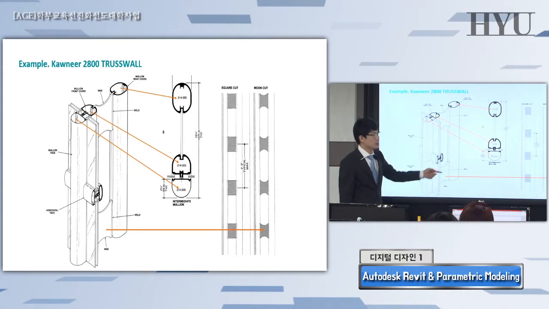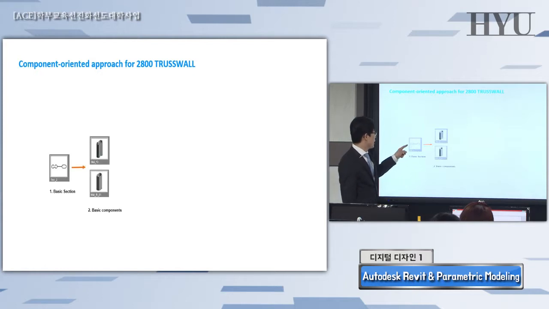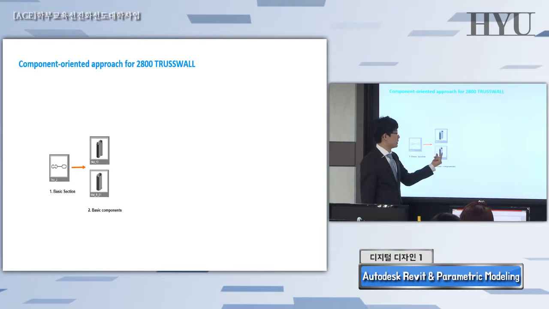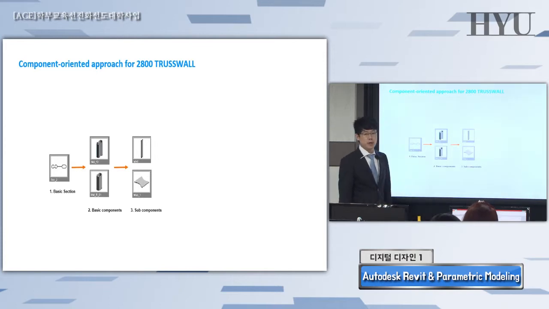So based upon this specification, we can plan the design process considering constructability in terms of parametric BIM modeling. Firstly, the basic section is here, okay? Based upon the section, we can create two different frame bars and put this subcomponent, the web, to join two frames, okay?